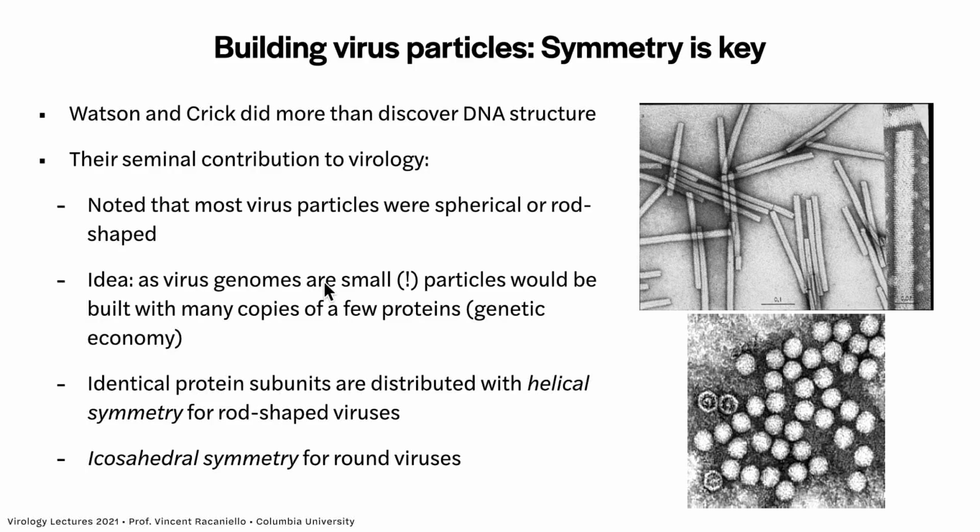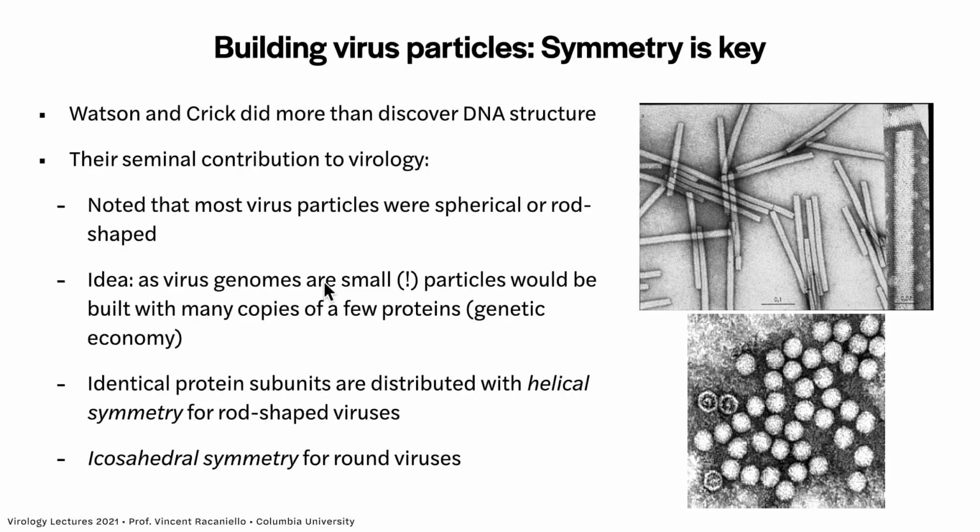They said, because virus genomes are small, and I put an exclamation mark there because now we know they're not small anymore, the proteins can't be very big that make up these particles. So they have to be one or a couple of proteins repeated many times, which we call genetic economy. And we know for the giant viruses that's not true anymore. But the giant viruses don't have this kind of symmetry, so it still makes sense in a way.